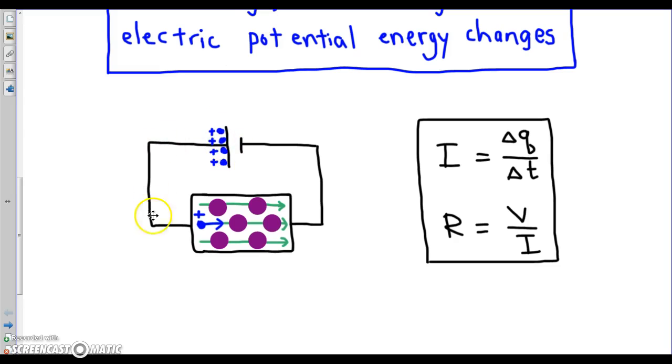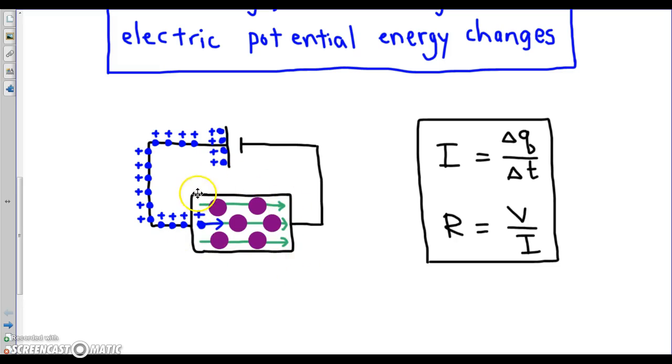Now when you connect this, what's this line here? This line is a wire. When you connect the wire, think of it like this. The charges spill out from the terminal into the wire. Now, my proportions are all wrong. The wire is really tiny, and not many charges spill out. The battery is huge, and so it has tons and tons of charges.